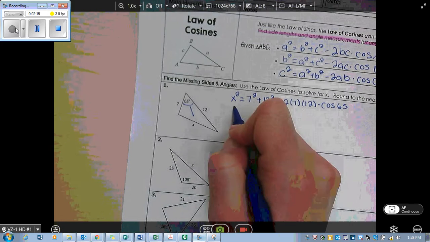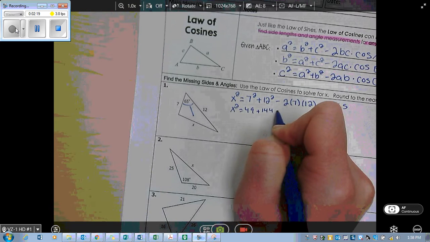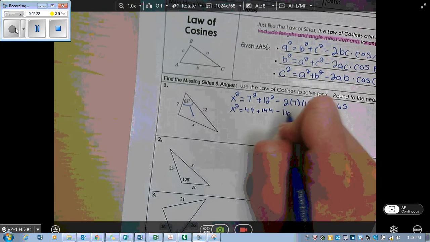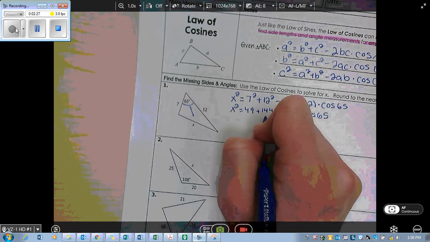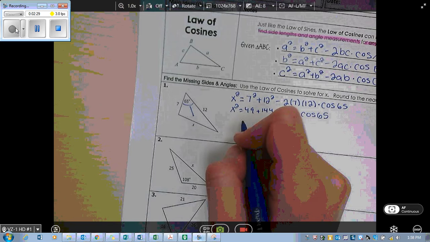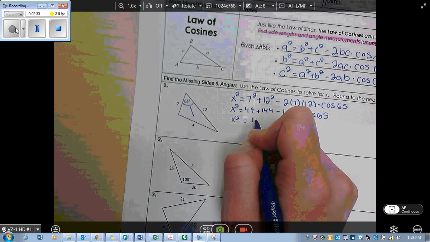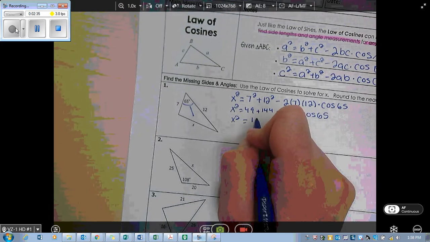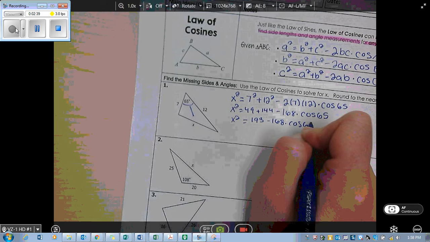So we have X squared is equal to 49 plus 144 minus 168 times cosine of 65. I'll combine 49 and 144, so I have X squared is equal to 193 minus 168 times cosine of 65.